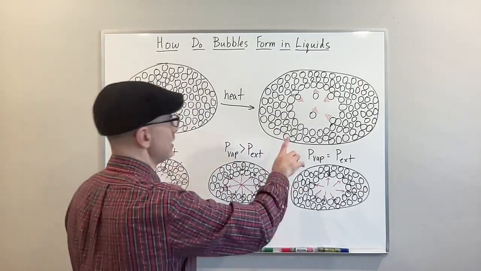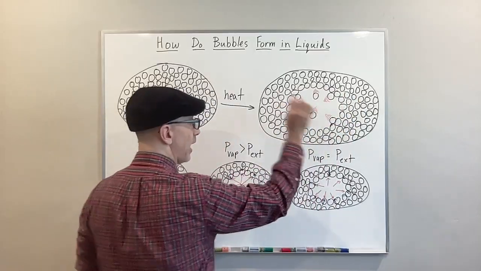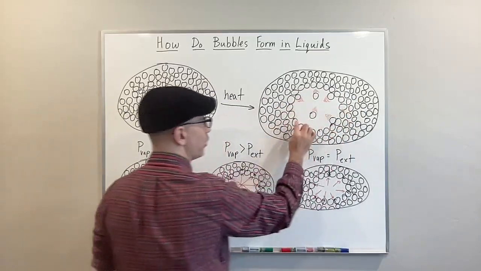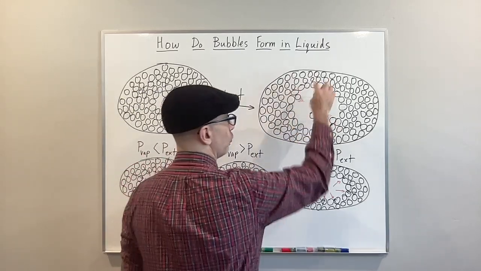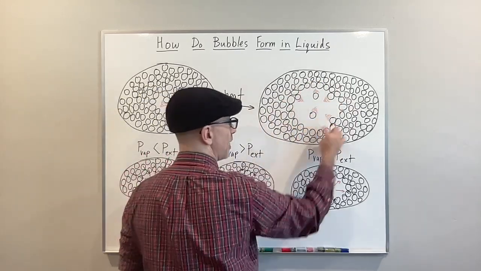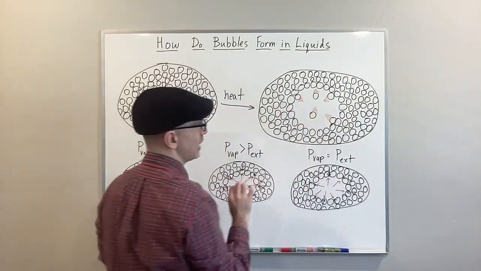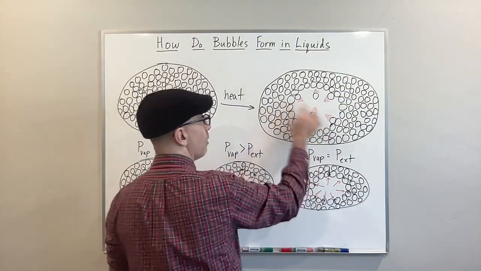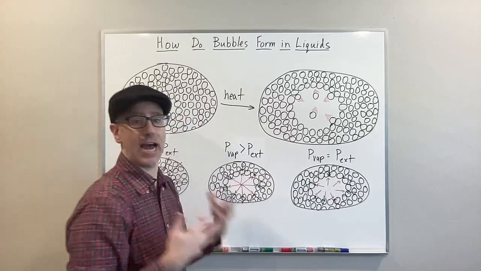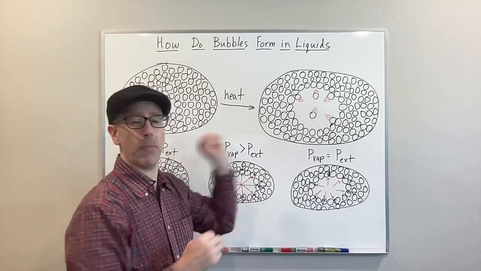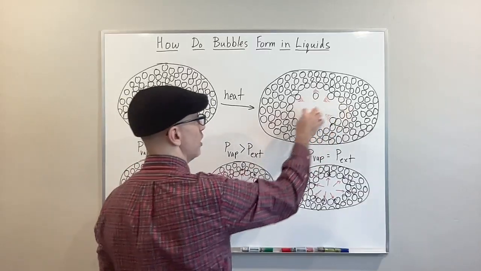So what's happening now is that as more and more water molecules are breaking free, more water molecules can bounce around inside the bubble, collide with the surface, pushing the surface out, and then ricochet off. If they have too much energy, the attractive forces aren't going to be strong enough, so they'll bounce right off and go across the other way.